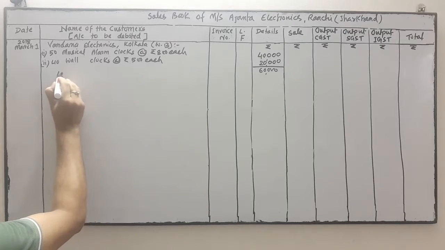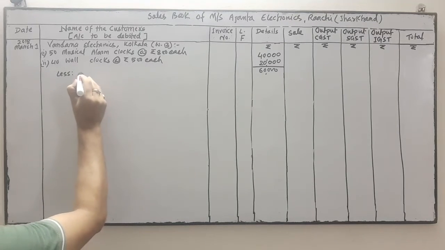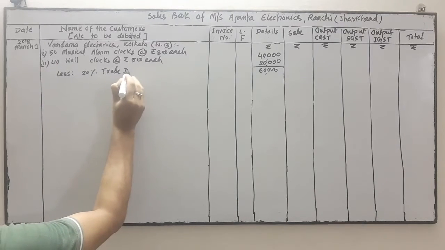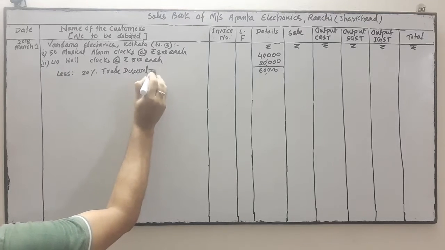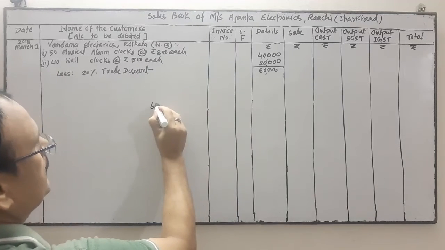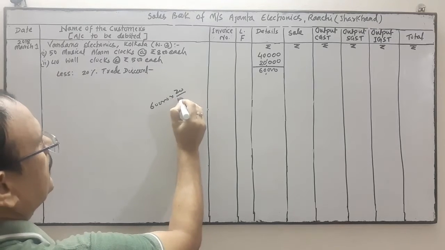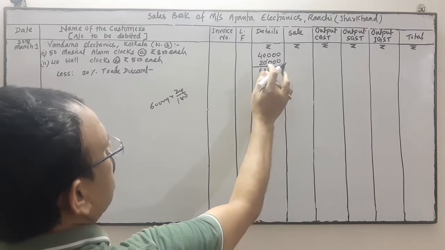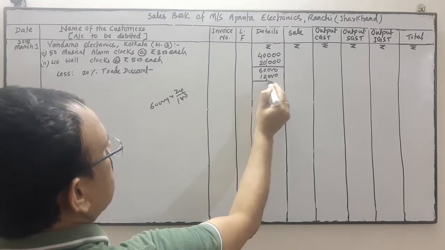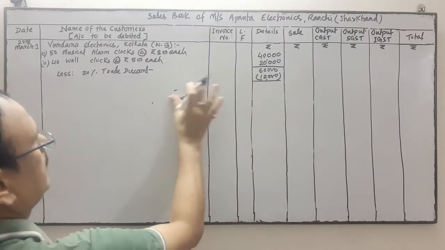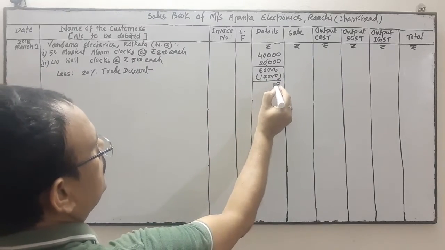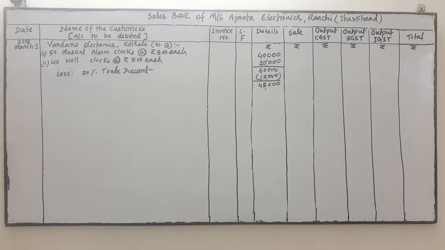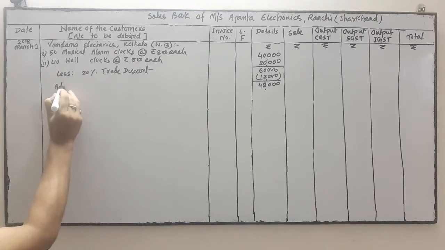Less trade discount of 20%: 20% of 60,000 is 12,000. This will be deducted directly from the bill, so it is 48,000. Thereafter we will add GST.